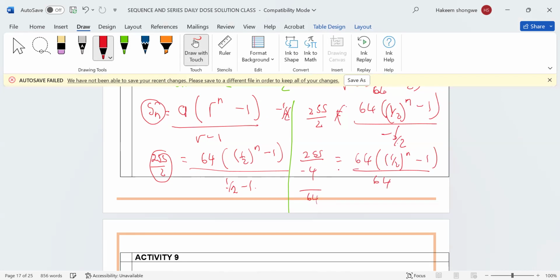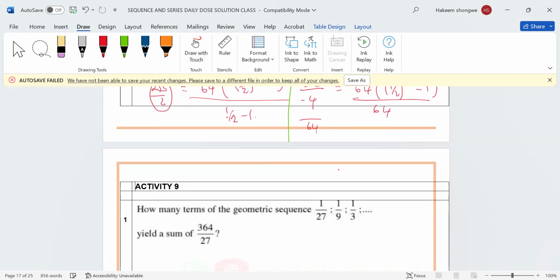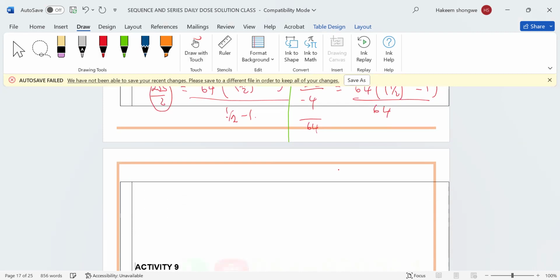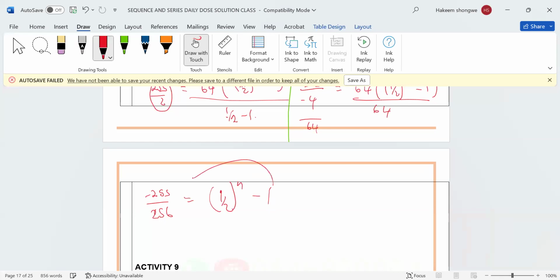So minus 255 all over 256 is equal to 1 all over 2 to the power of n minus 1. Take this minus 1 to the other side. What do you have? Minus 255 all over 256 plus 1, which is going to be 1 all over 2 to the power of n.